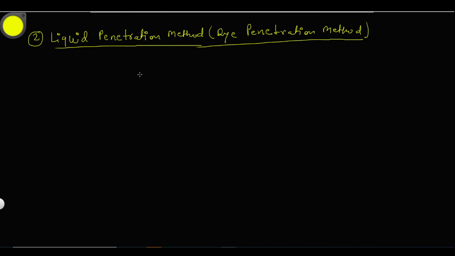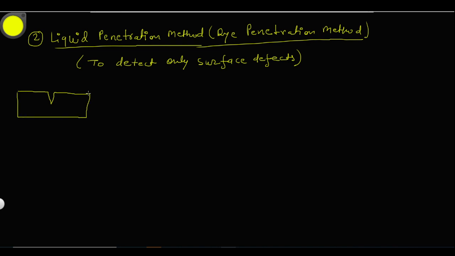It is used to detect defects only on the surface. Okay, for example, again take one metal and one crack is here, meaning a defect is present.